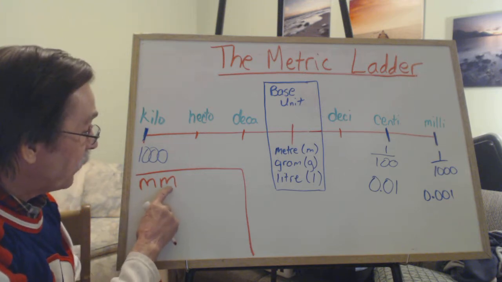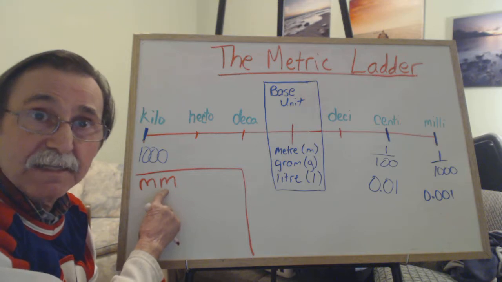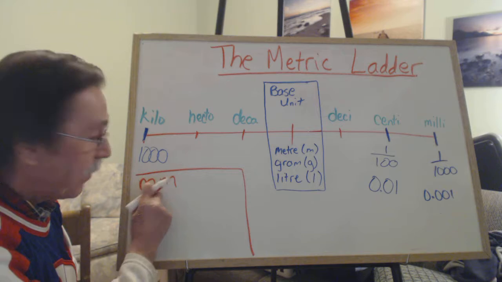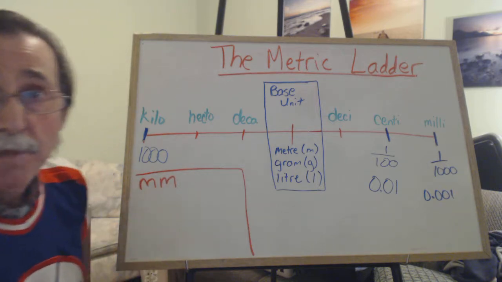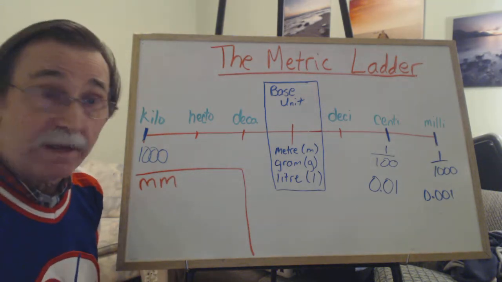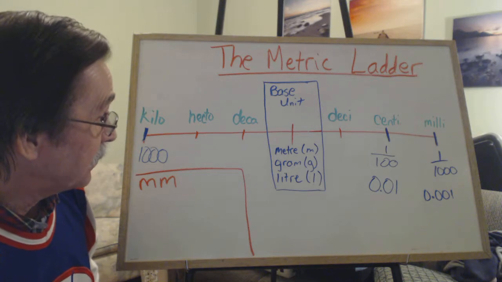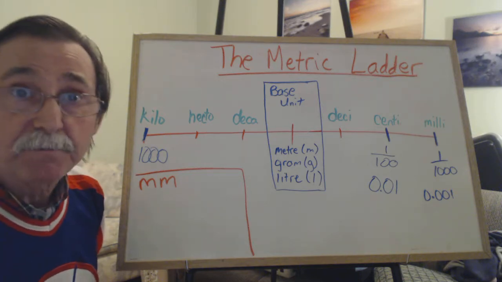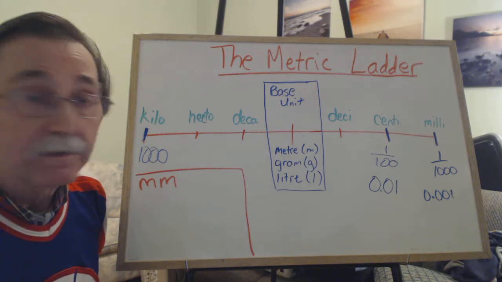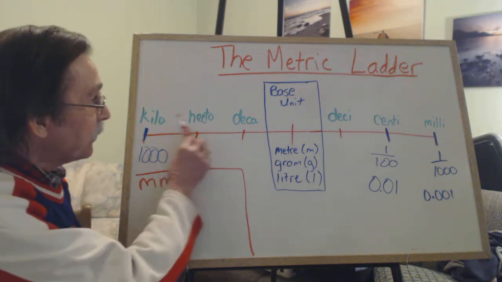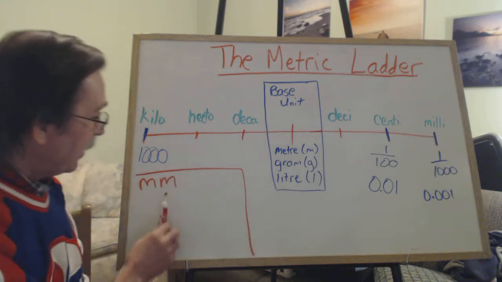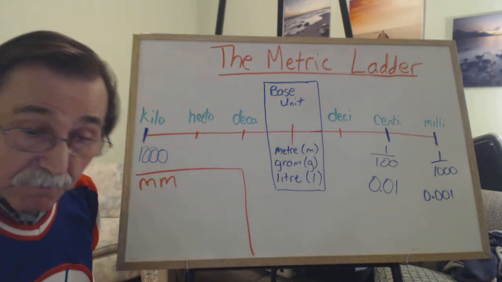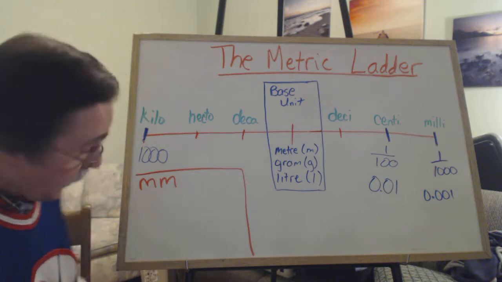Okay, so our base unit always is the second letter. If I have mg, then that would be milligram. Or ml would be milliliter. So the first one is the prefix that you see up here, and the second one is the base unit. So that means millimeter.